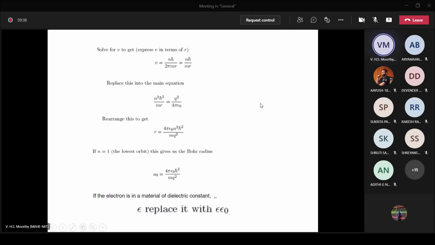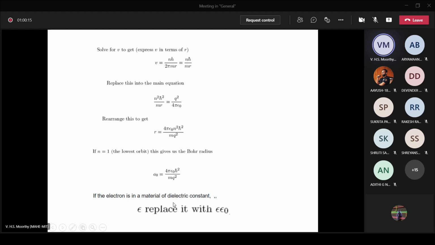Okay, so now basically we have derived an equation to determine the radius of the first orbital of the hydrogen atom, which is a constant. So if the electron is put in any other dielectric material having dielectric constant epsilon, what is meant by dielectric constant?